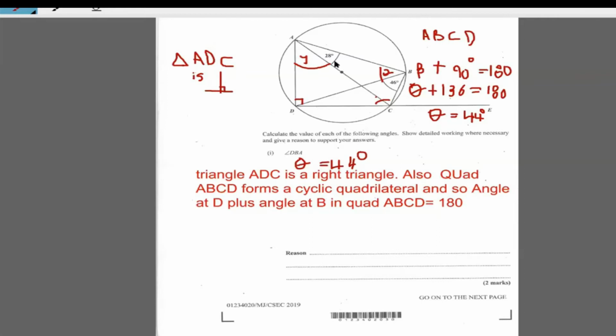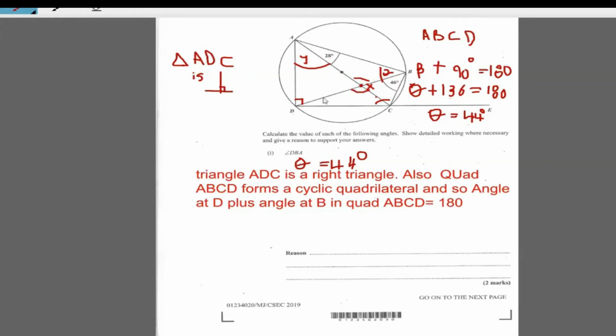If I were to label this point as, let's call it X, now what I know is that this angle is equal to this angle, and this triangle is similar to this triangle. Can we see that they're similar triangles?